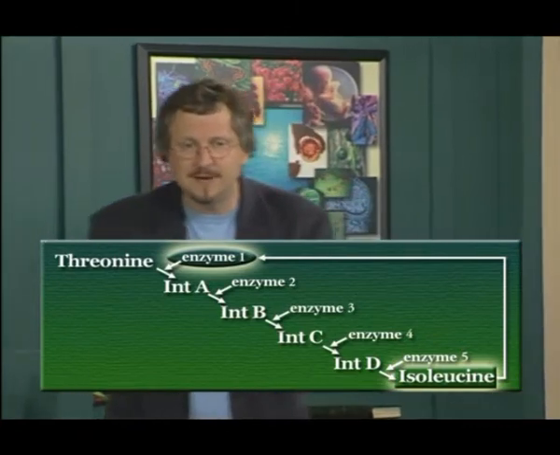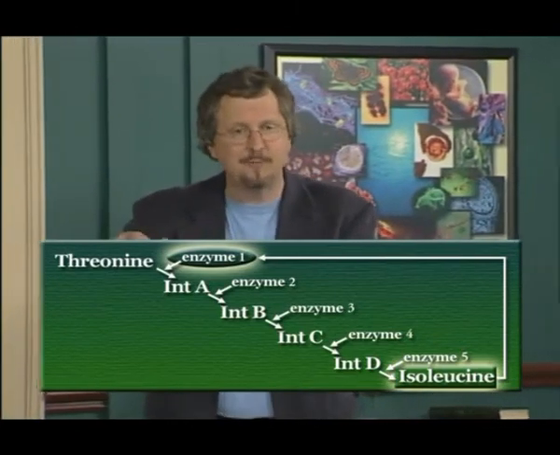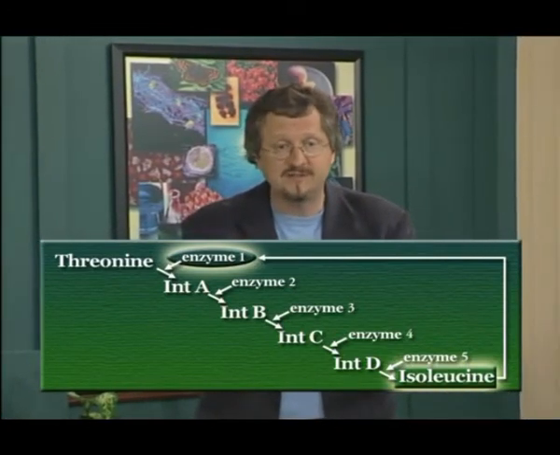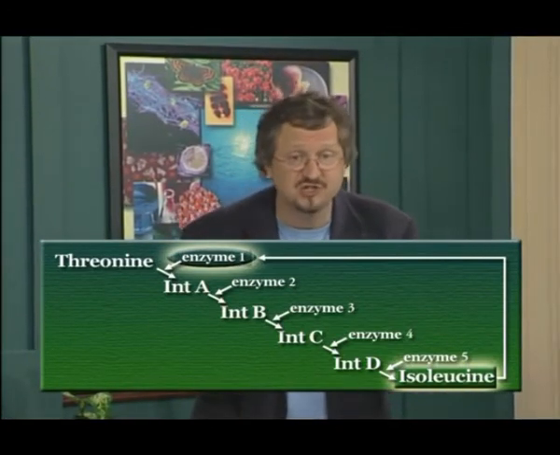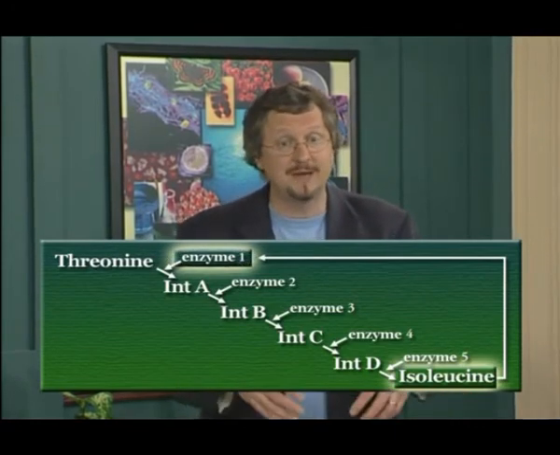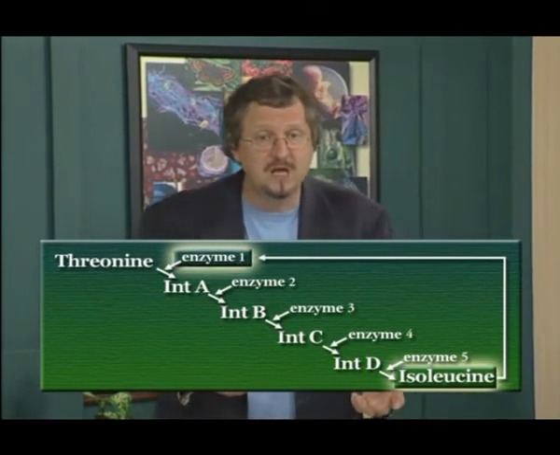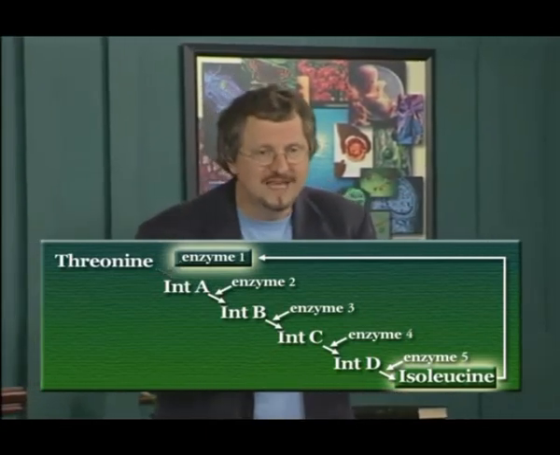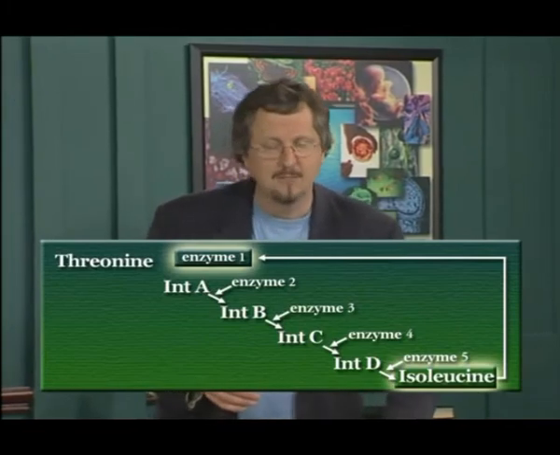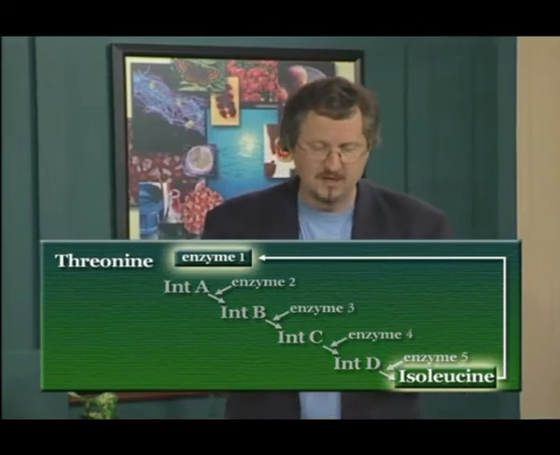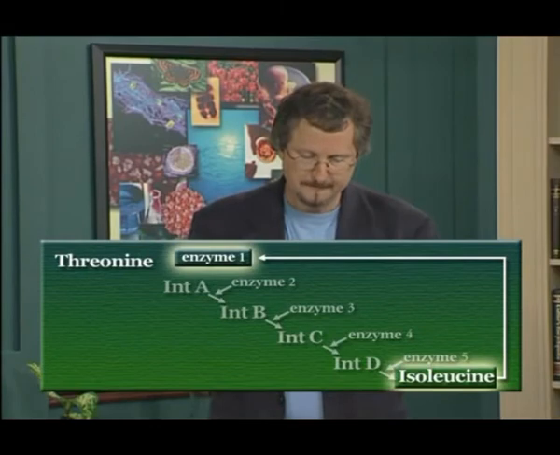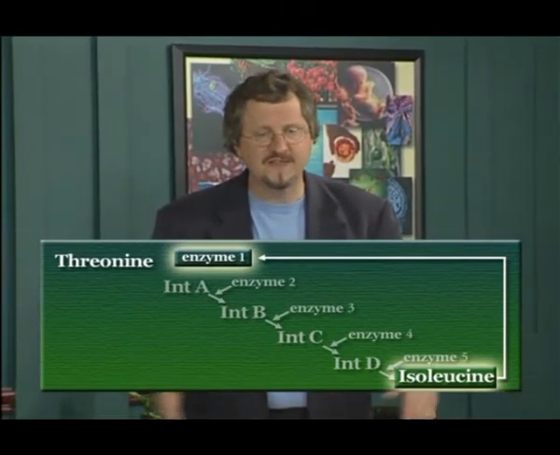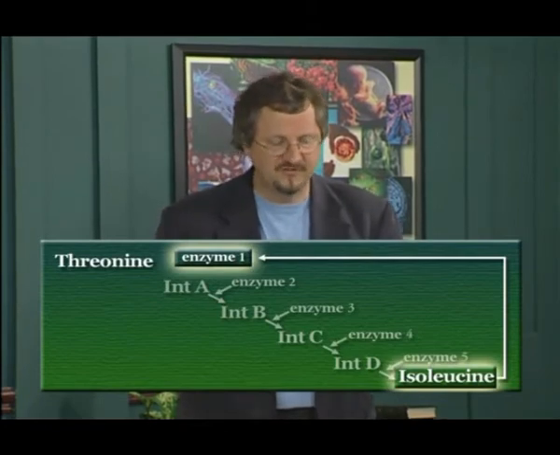But as we've seen many times before, when this end product, isoleucine, binds to this intermediate enzyme, the enzyme will, as a result, change its shape. It changes the shape from an active form to an inactive form. So the binding of isoleucine itself essentially turns off one of the enzymes in the metabolic pathway, preventing that metabolic pathway from running. Essentially, the end product feeds back and renders one of the critical regulatory steps dysfunctional.